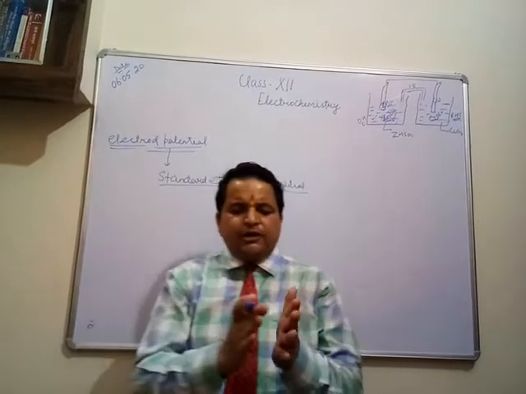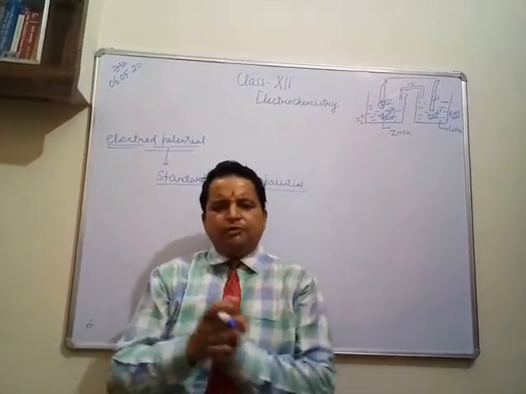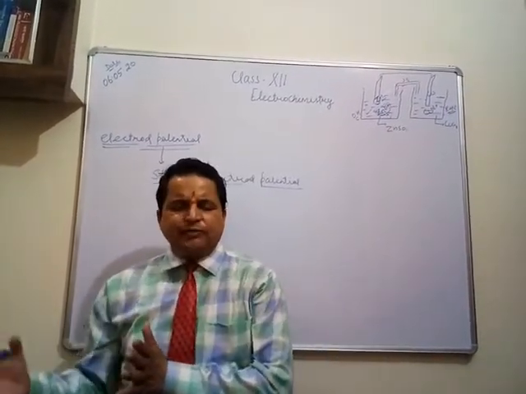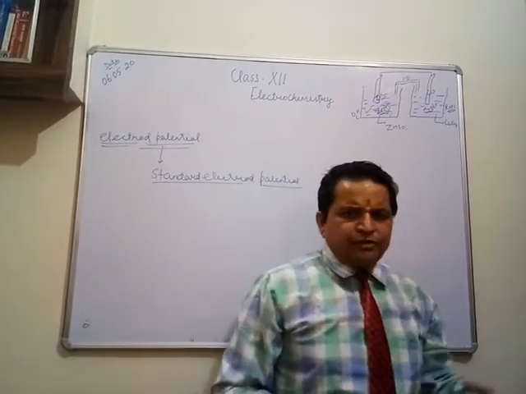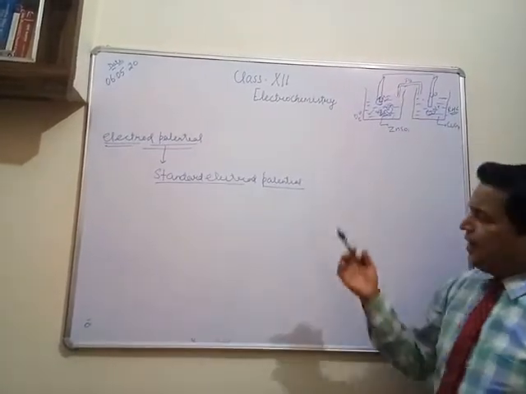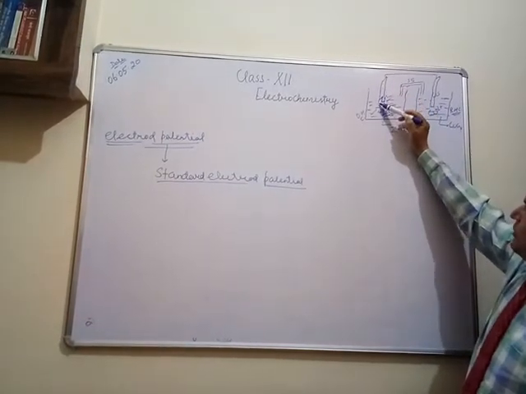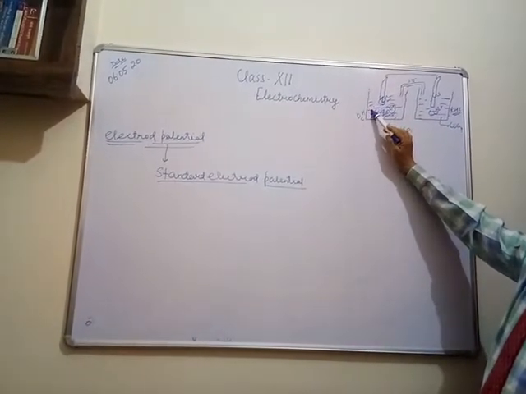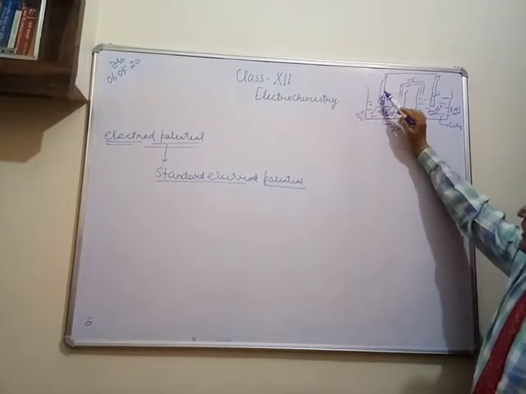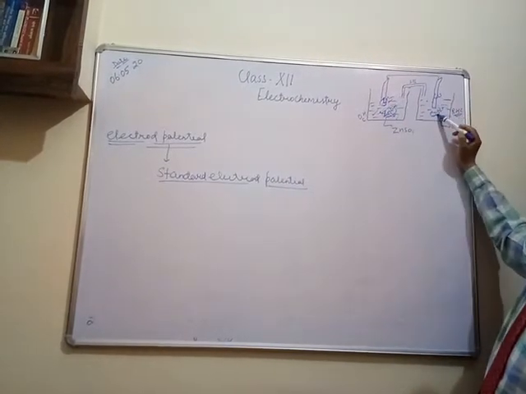In standard conditions means the temperature should be 25 degrees Celsius, means 298 Kelvin, and the concentration of that particular solution. Now the concentration of the solution means this is an electrode which is dipped in a salt solution of that particular metal, just like zinc in zinc sulfate, copper in copper sulfate.